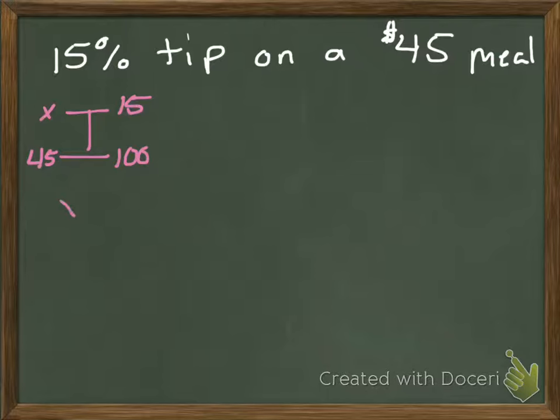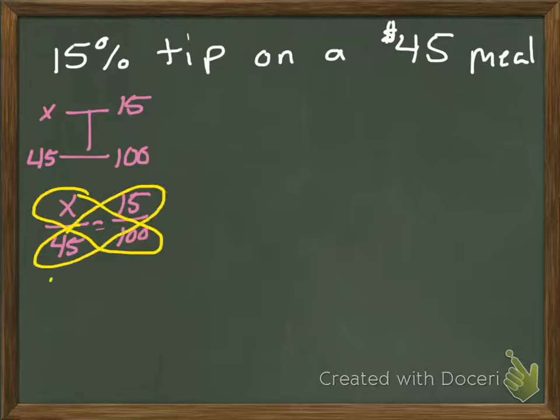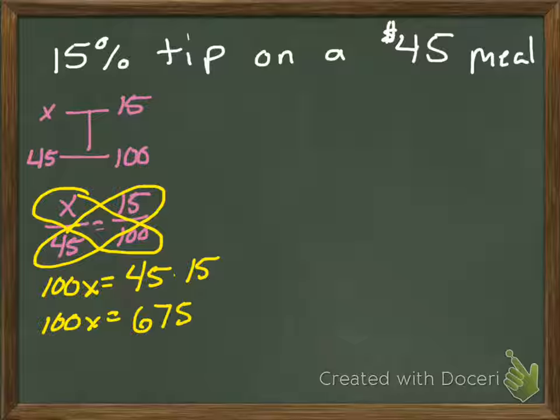So if I want to set this up as a proportion, I'm going to have X over 45 is equal to 15 over 100. Cross multiply, just like we always would with a proportion. And we have 100x is equal to 45 times 15. So 100x is equal to 675.